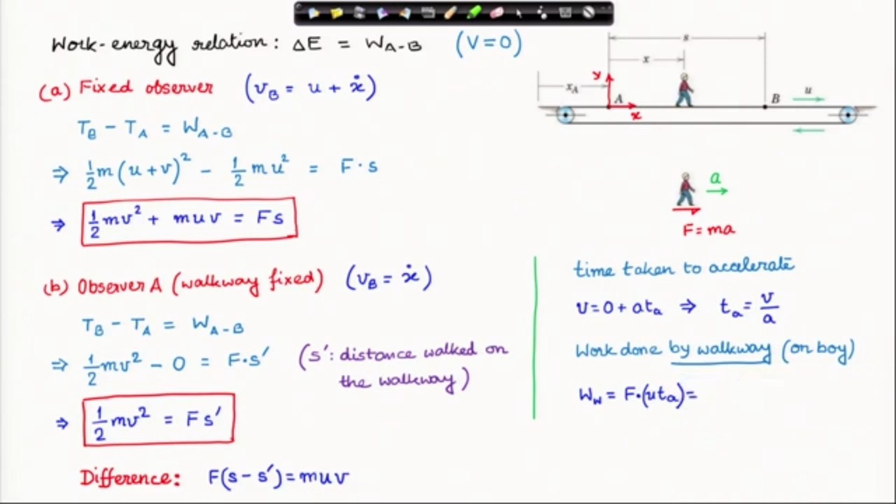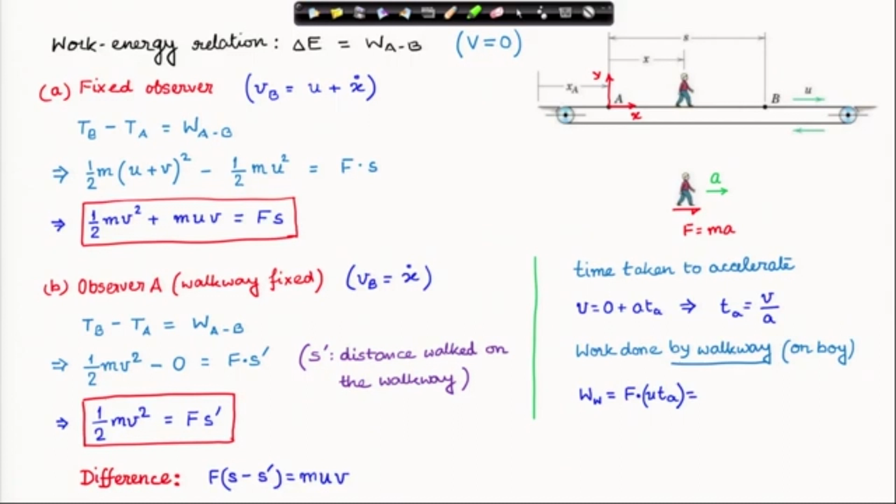Now, let us try to calculate the work done by the walkway on the boy. F is the force acting between the walkway and the shoe of the boy, and this is the only force in the horizontal direction, so this must be doing the work.